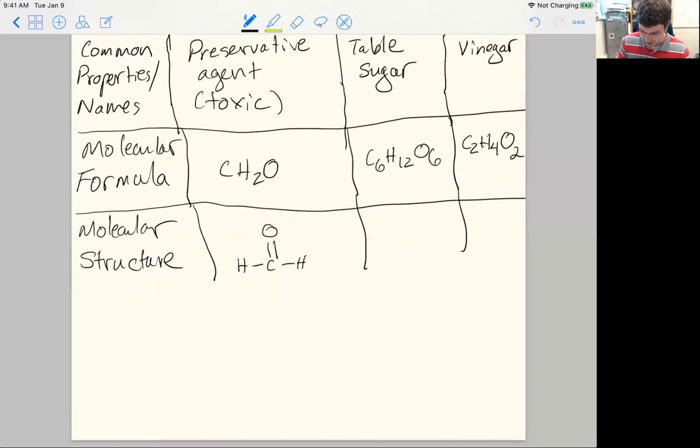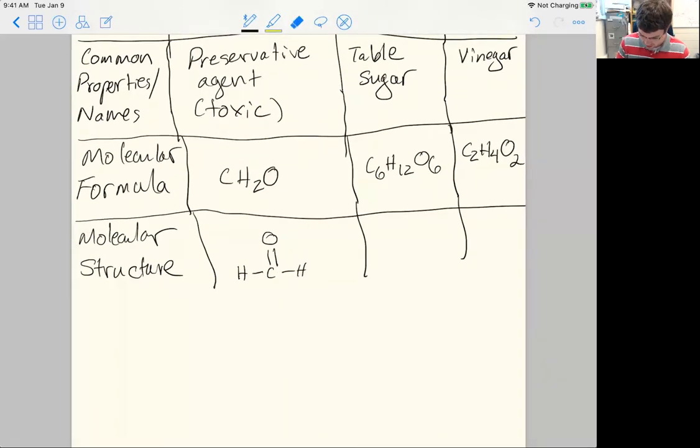Now, before we get to the other 2 molecules, and I'm going to just give myself some more space for glucose and a little bit more space for acetic acid. Before we get to these, though, let's define molecular structure briefly.